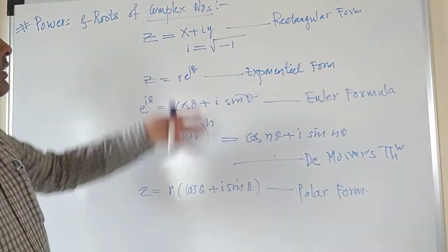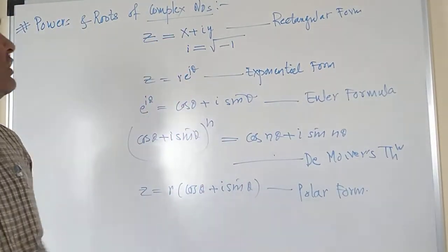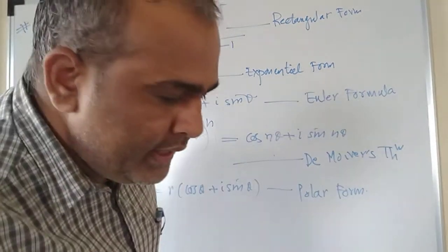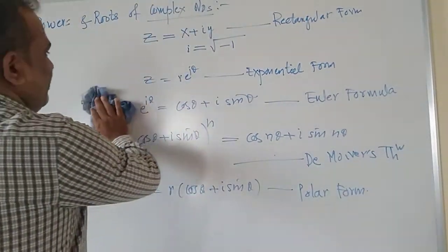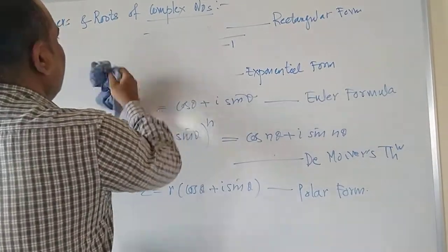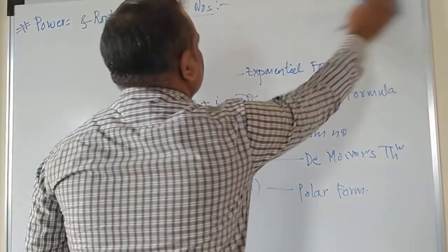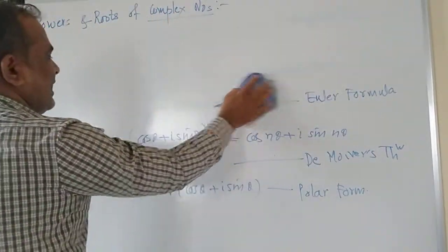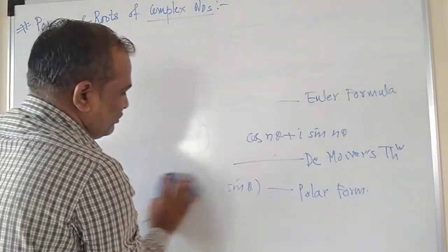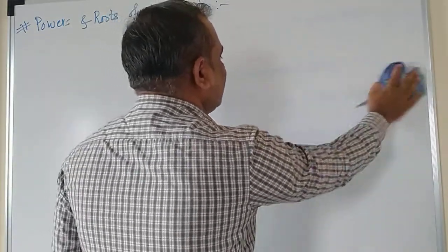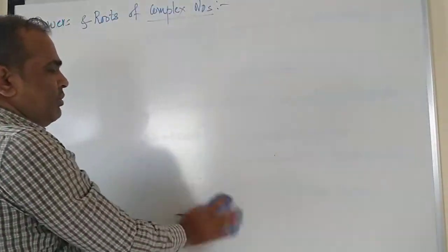Now we need all these things to go for the powers and roots of complex numbers, right? So let me rub out all this and then we'll proceed ahead. To understand what are the powers and roots of a complex number, let us consider Z equal to x plus iy as our complex number.